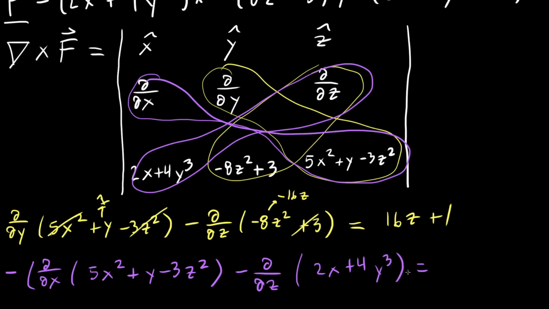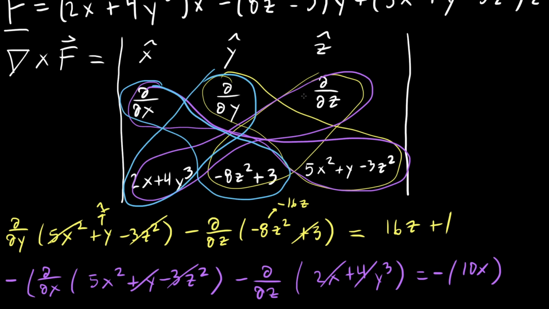And this will equal, since these terms don't have any x dependence, they cancel. And then this will be 10x. And here, since none of the terms have any z dependence, they all cancel. So it will just be negative 10x.